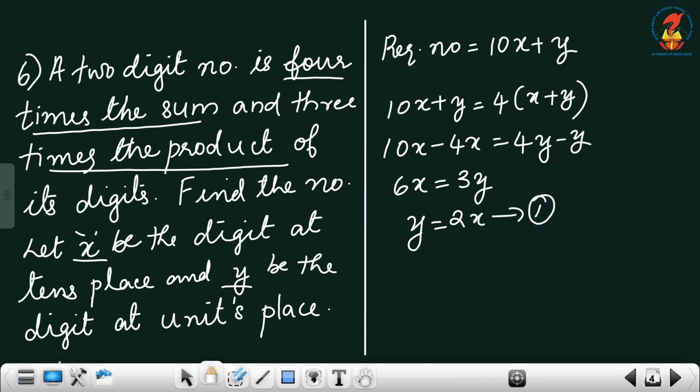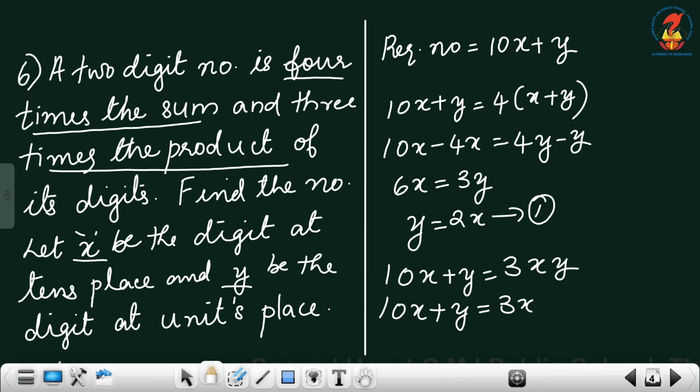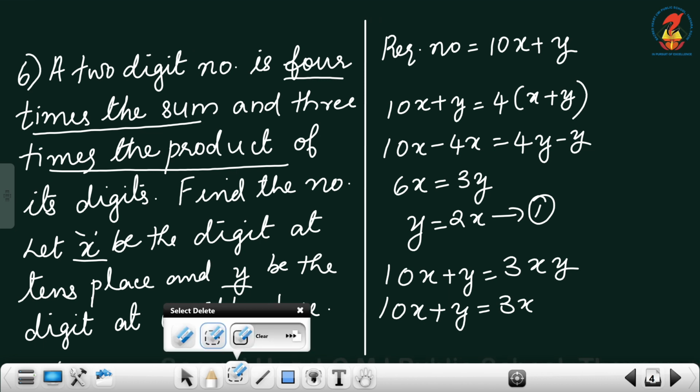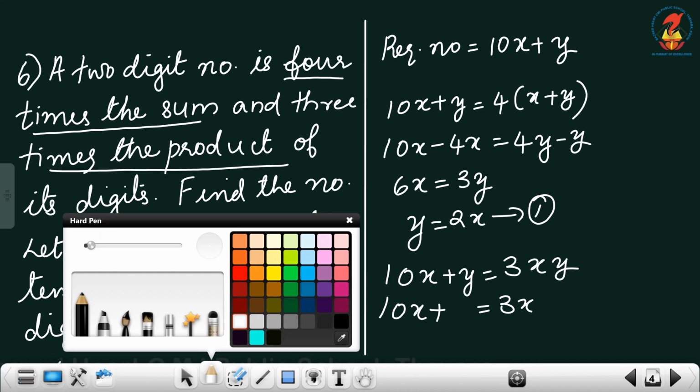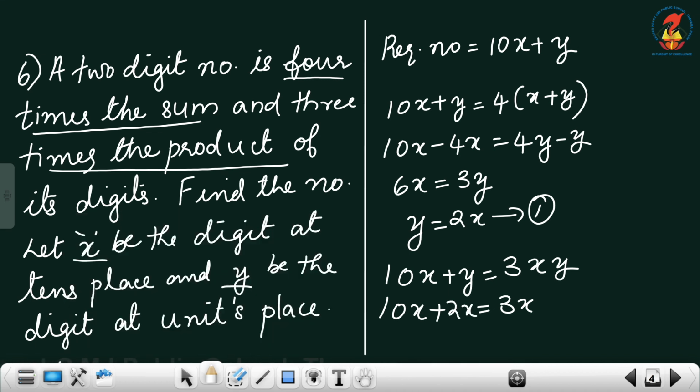Then second case is the number is 3 times the product of the digits. So 10x + y = 3xy. Instead of y we can give the value 2x here. So 10x + 2x = 3x into 2x.